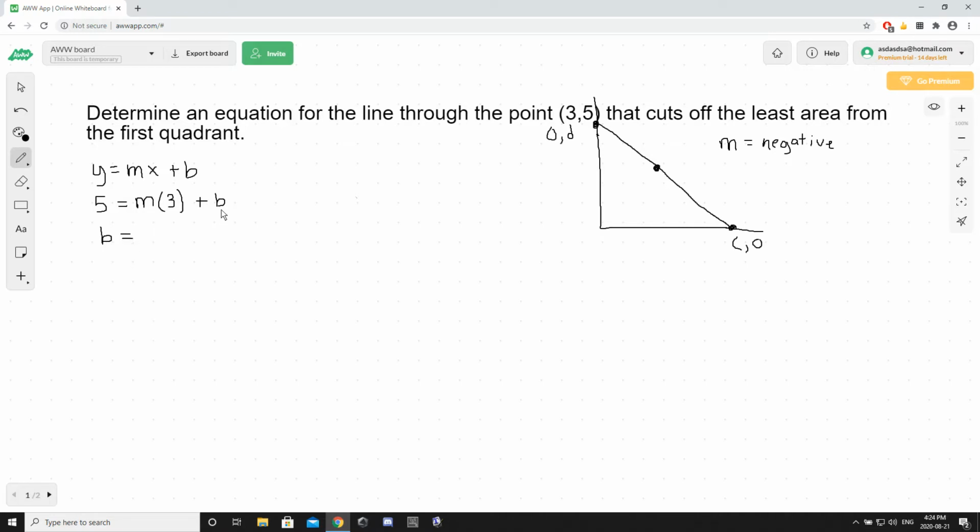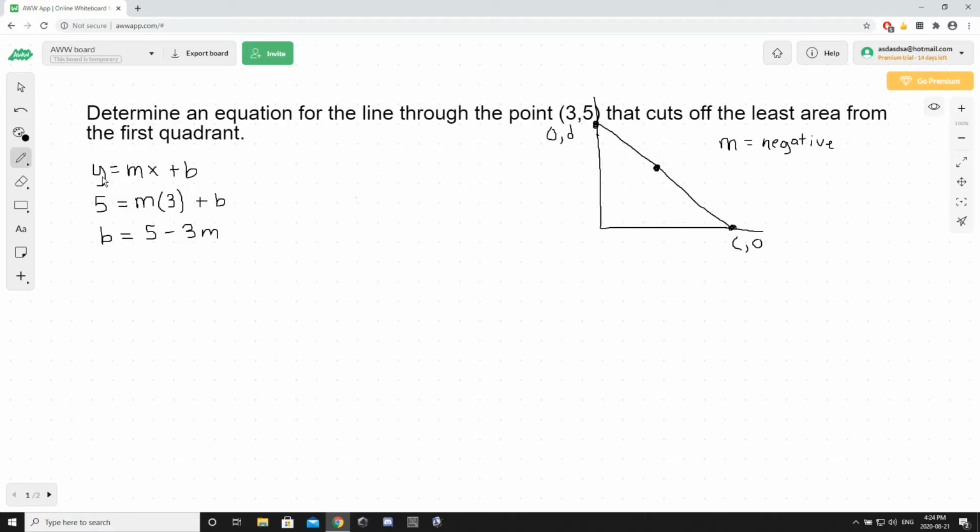I know that the y-intercept is going to be equal to 5 minus 3m. And the cool thing is that I can then take this and plug it back into this equation here, and then have an equation for this line where my only unknowns are m, x, and y.